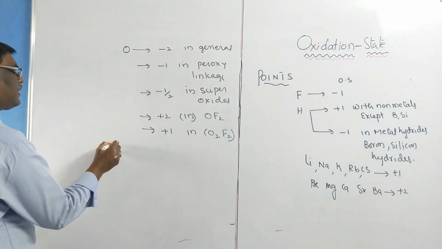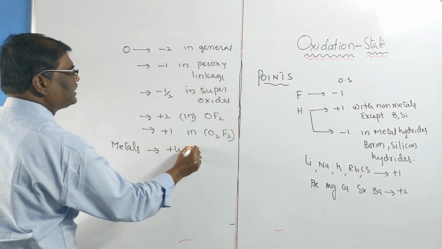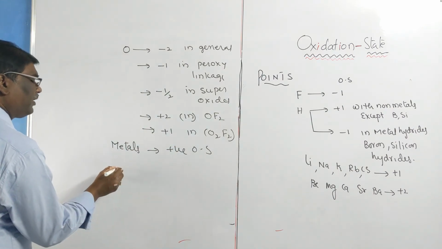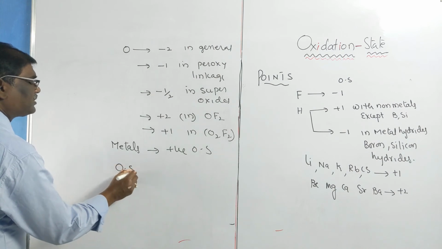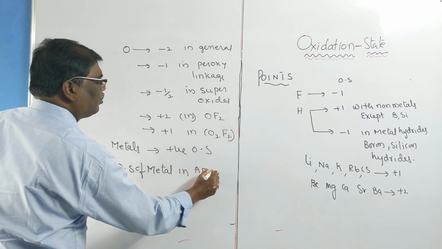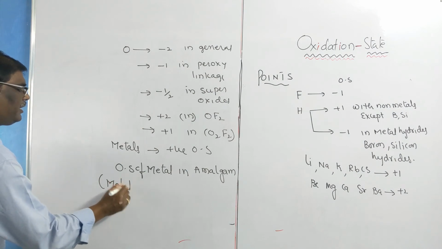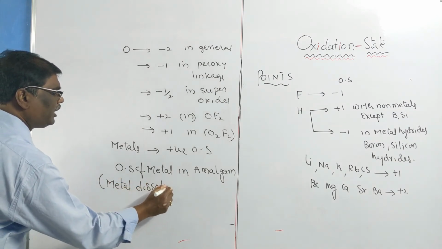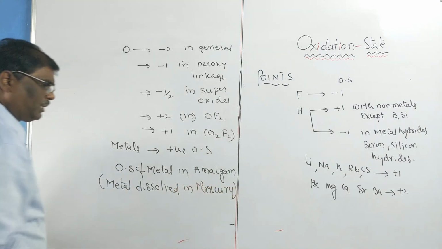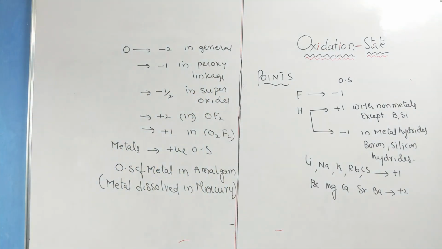The last one is, in general, metals have positive oxidation states. Next one, oxidation state of metal in amalgam. What do you mean by amalgam? Amalgam means metal dissolved in mercury. In amalgam, actually there is no chemical bonding between metal and mercury.